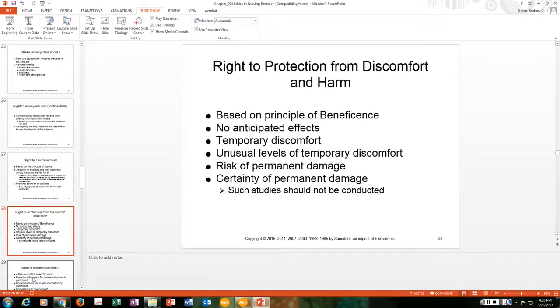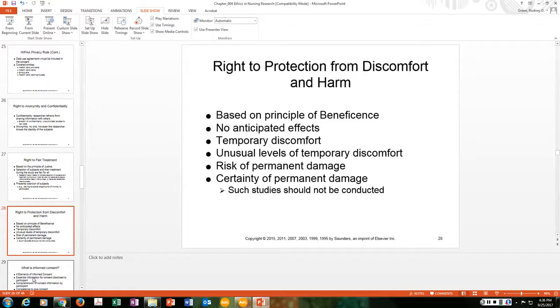The right to protection from discomfort and harm. This right is based on the principle of beneficence. Harm is considered in a variety of ways.